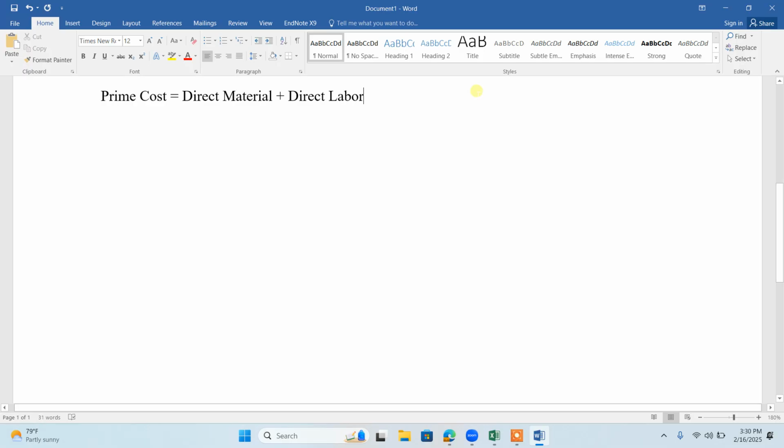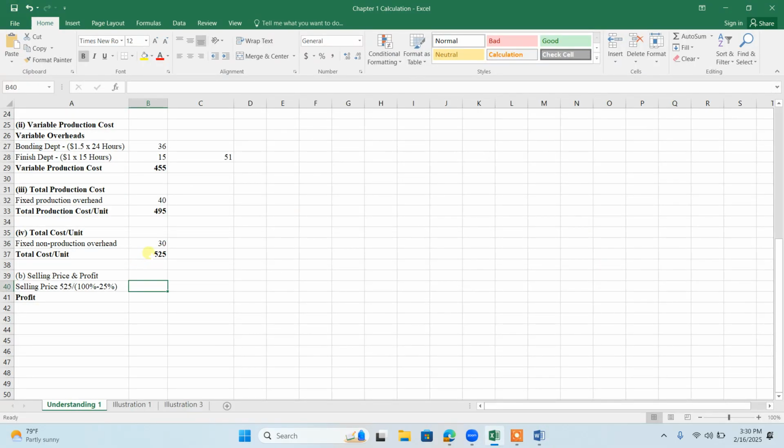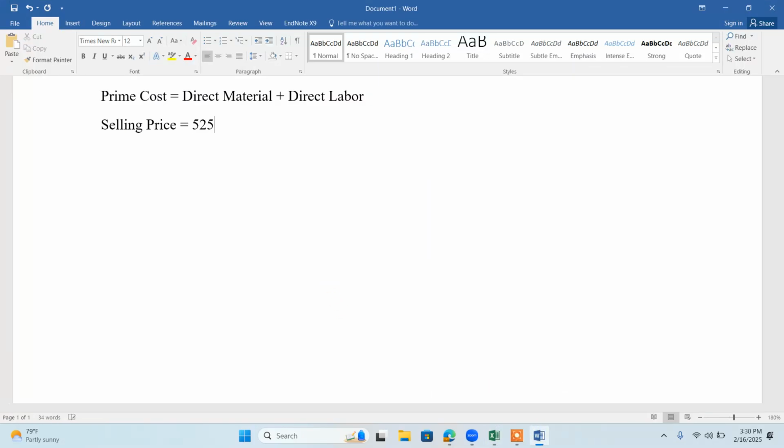There are different methods to calculate the selling price. I do it like this, that if already you have the fixed cost, which is the 525. Now, my dear, here they were asking us to make a 25% margin here.